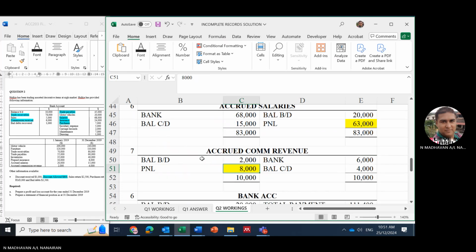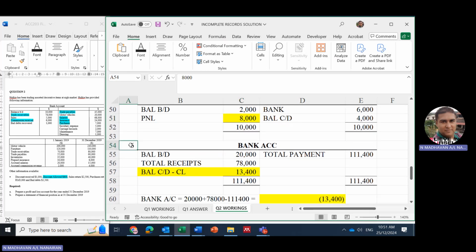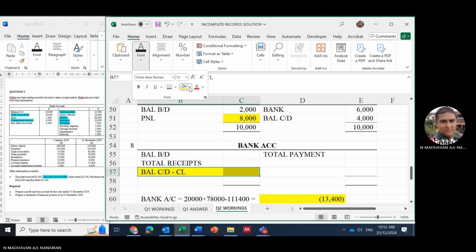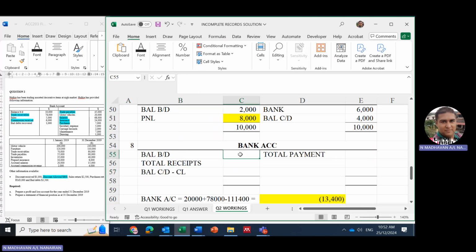People? Next, we have bank account. Bank account. Debit or credit balance? Debit, right? What's your total balance brought down? 10,000. Total receipt? 78 plus 5 plus 6 plus 1.